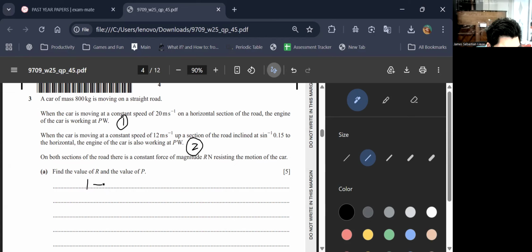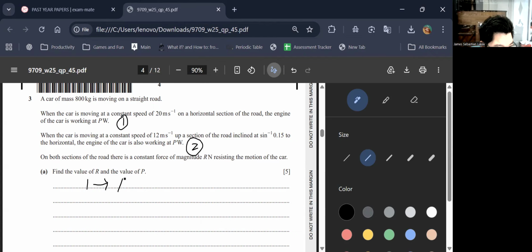In case 1, because the car is moving at a constant speed, the resultant sum of forces is 0. And so the resistance force is equal to the driving force by the engine.